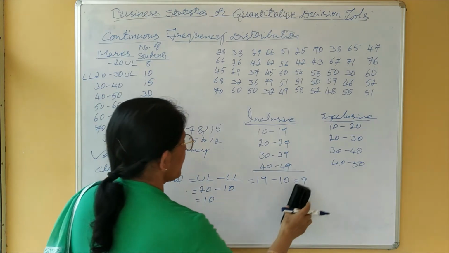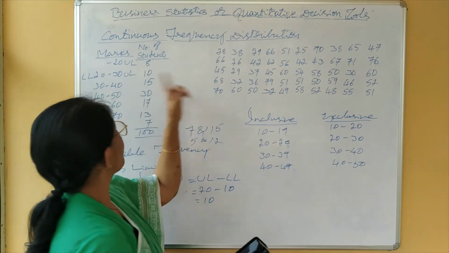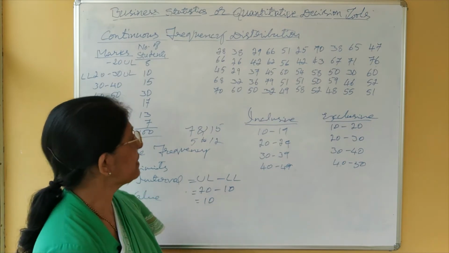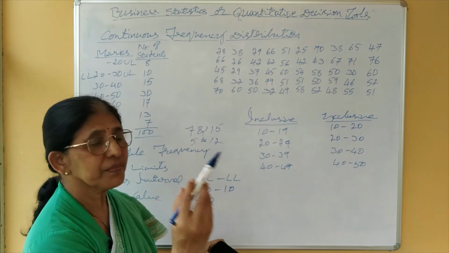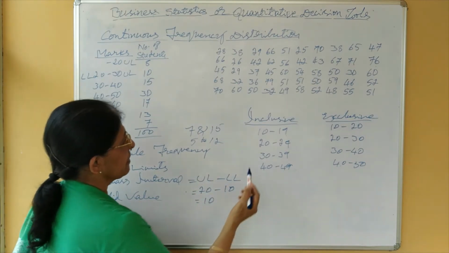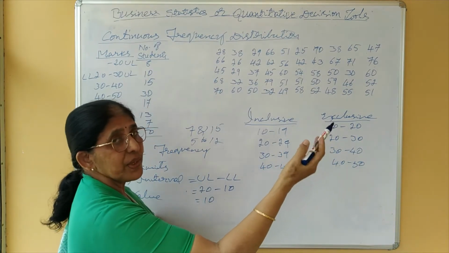Now, before taking up the formation of continuous frequency distribution, let us know about the conversion of the inclusive method into the exclusive method. For this, the class interval need not always be 10.